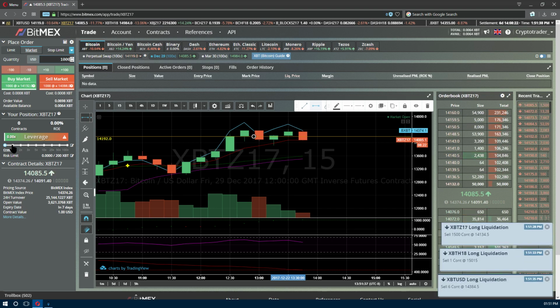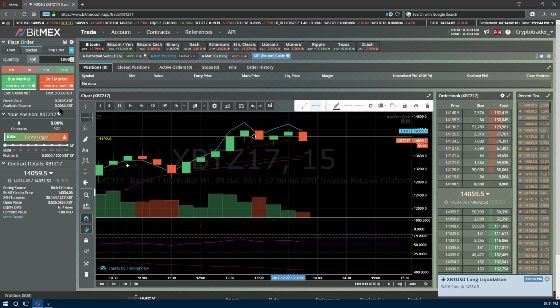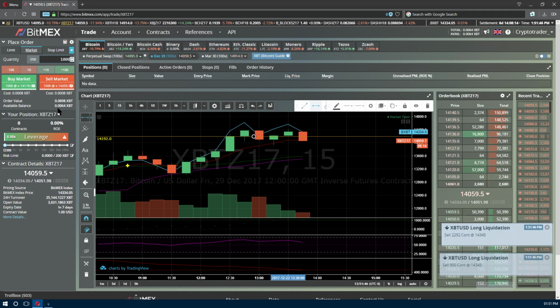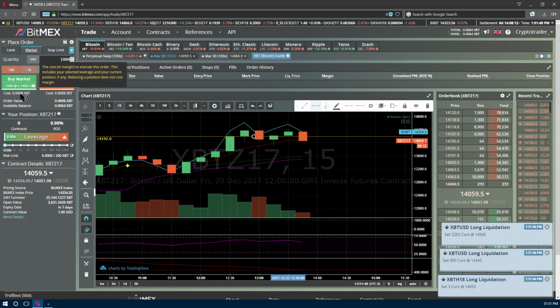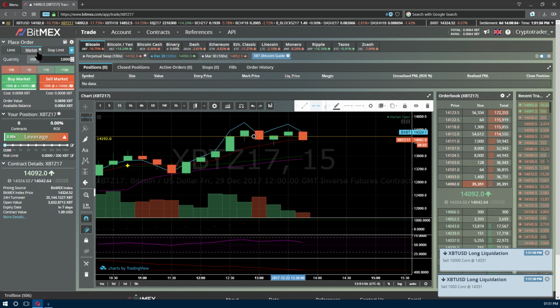Go ahead and hit this cross right here, boom, and we got that in there. That's 1,000, and then cost will be 8, whatever that is, market.